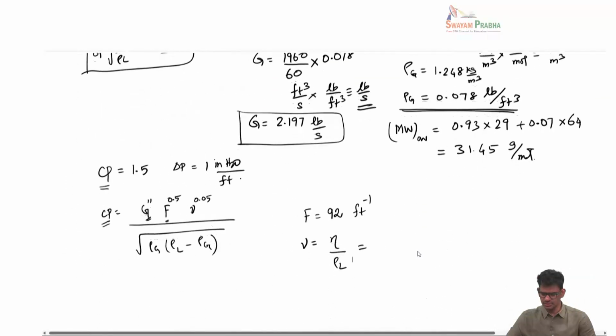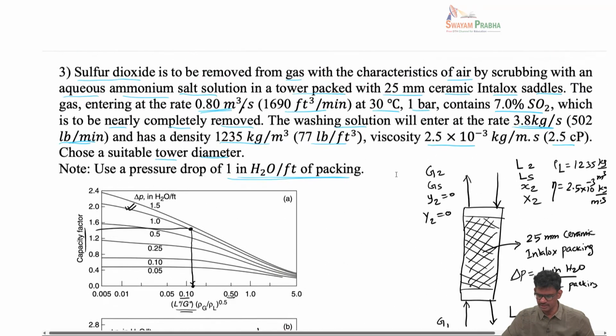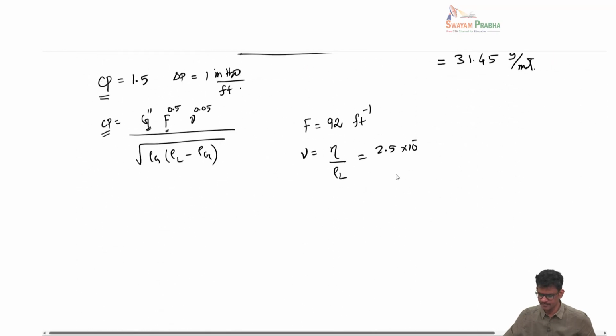So this is 2.5 into 10 power minus 3, divided by 1235.